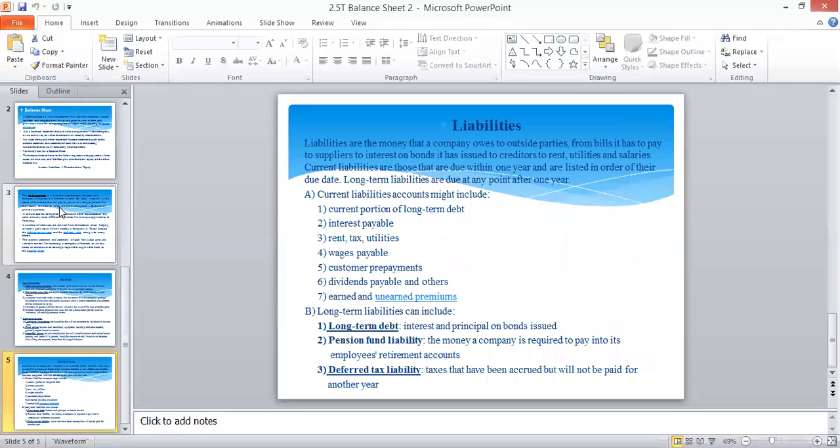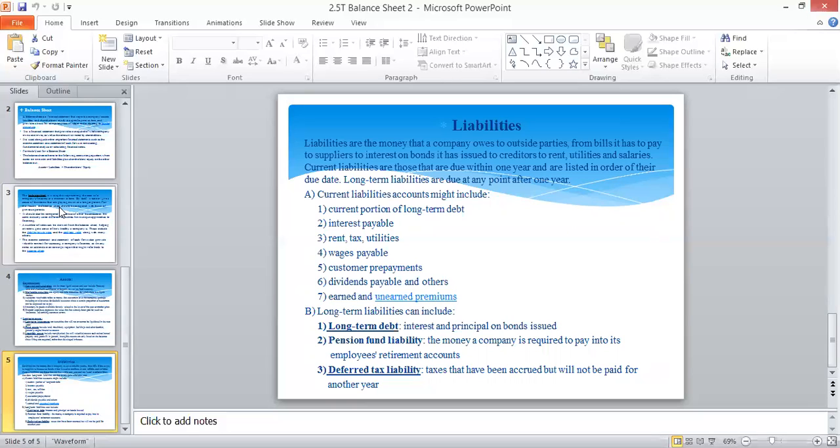Now, liabilities. Liabilities are the money that a company owes to outside parties, from bills it has to pay to suppliers, to interest on bonds it has issued to creditors, to rent, utilities, and salaries.